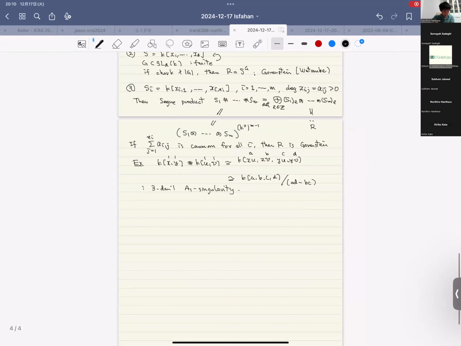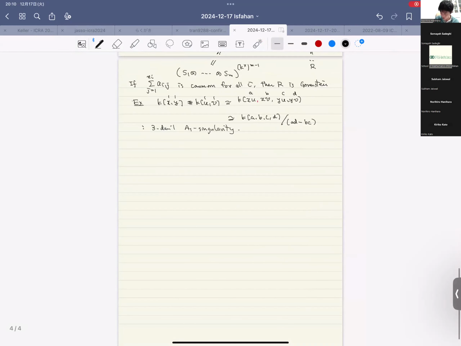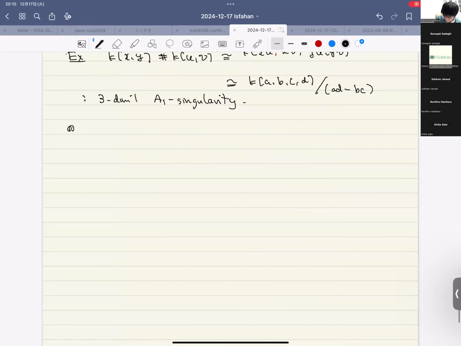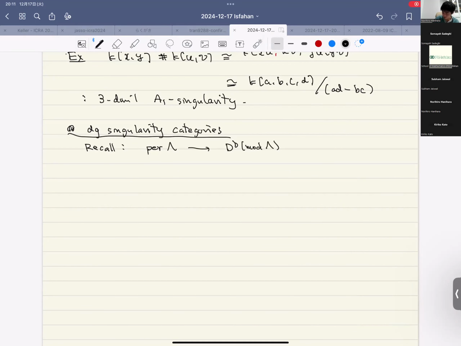So let me give a brief account of it. DG singularity categories. Recall that the singularity category of a Noetherian ring is defined as the Verdier quotient of the bounded derived category by the perfect derived category.